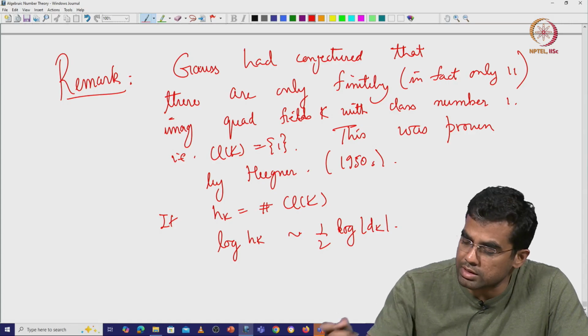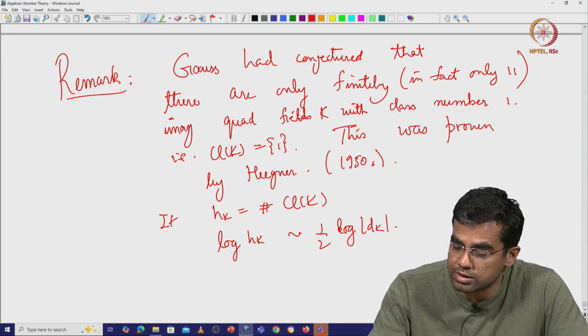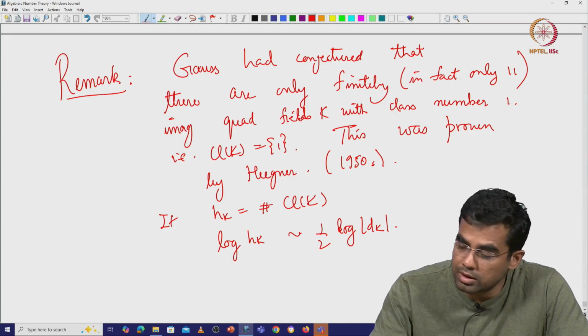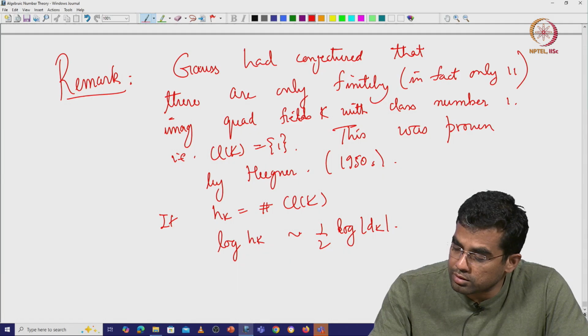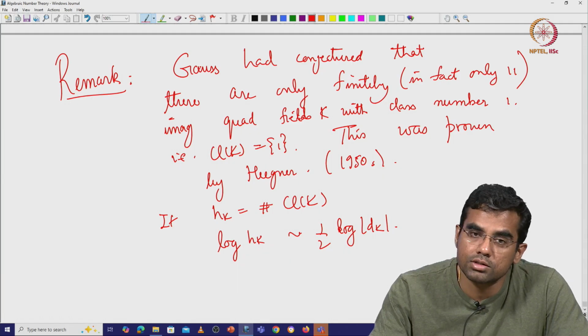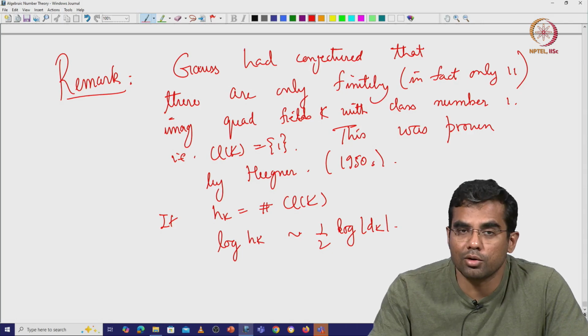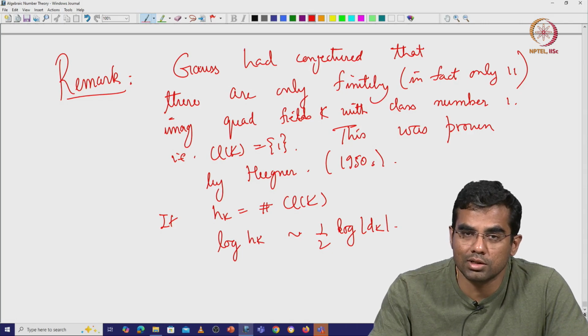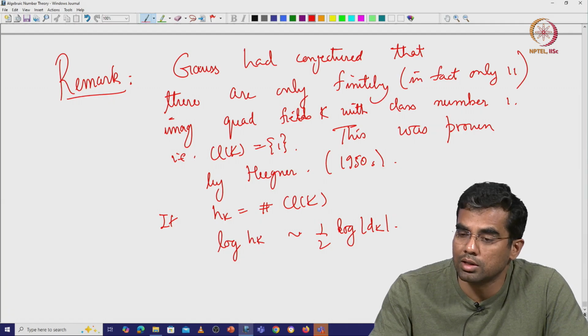You can make a precise conjecture and that statement is still conjectural. So, there are lots of things still to be discovered even about imaginary quadratic fields, although the class groups of imaginary quadratic fields are perhaps easiest to study.